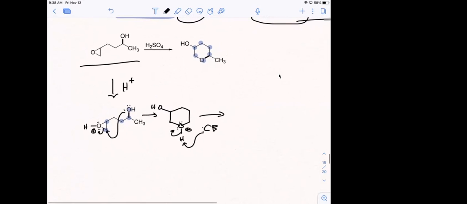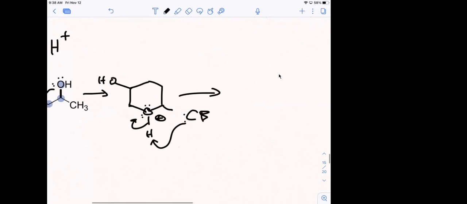And I'm missing a methyl group. So that's going to do proton transfer there, and give me the product, right?